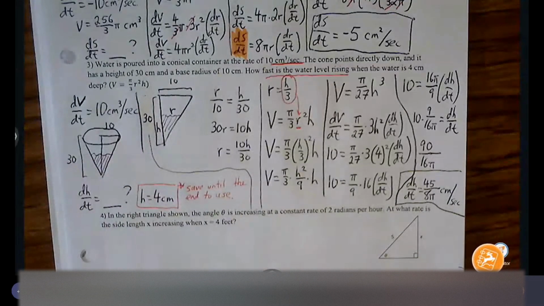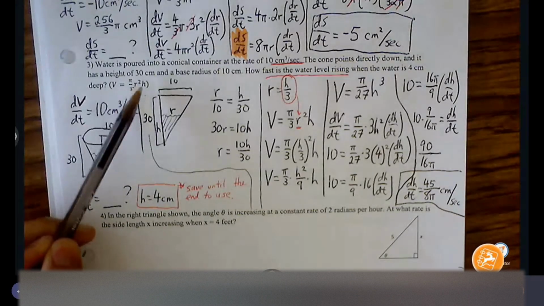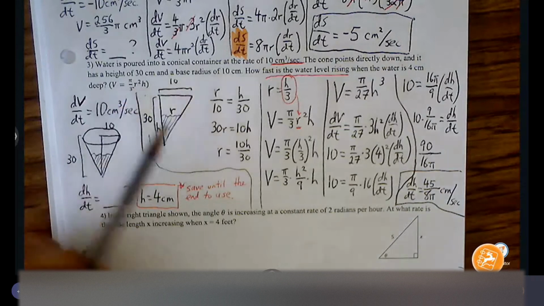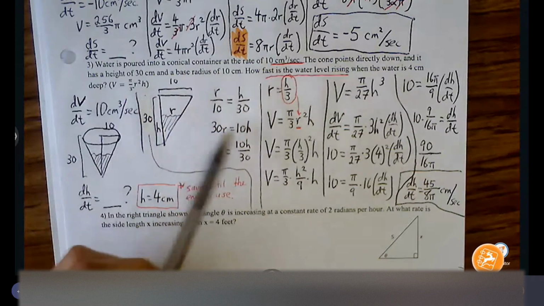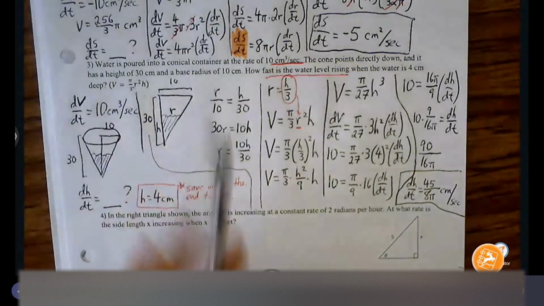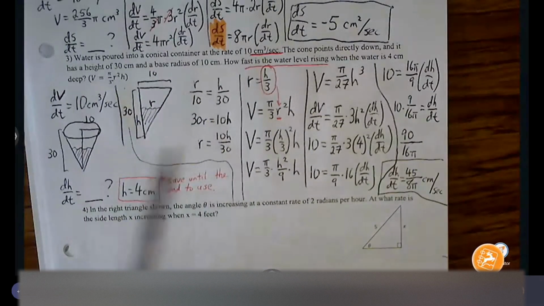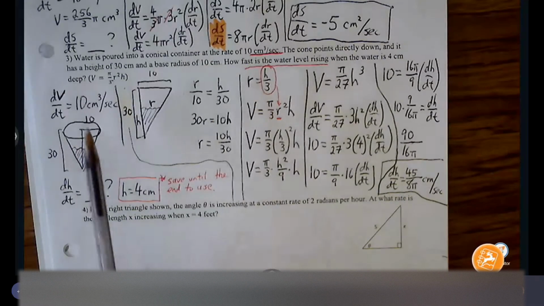And because of the fact that they're both changing, we can't just replace one with a number because neither of them are static values. So we have to go through similar triangles to create that proportion between the variables so that we can make that substitution. And that just adds an extra step that we have to worry about with cones.